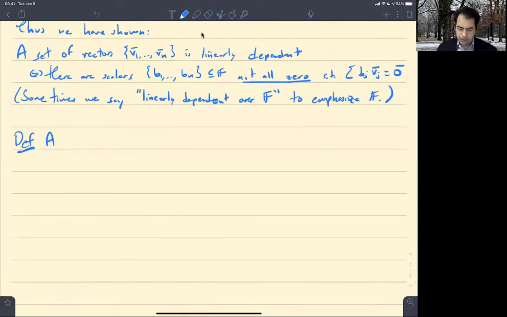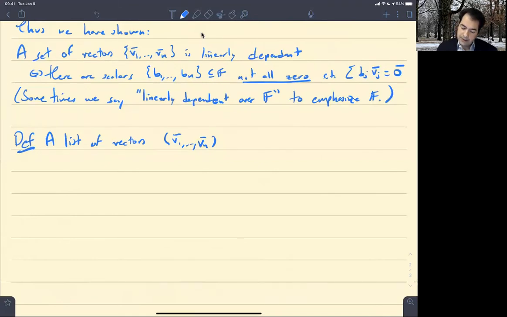Soon I'll want to take these in an order, so we'll use lists. So let's go ahead and say here a list of vectors, but this would be the same with set. Now I'll use round parentheses when I want to use list, and brackets when I want to use sets.